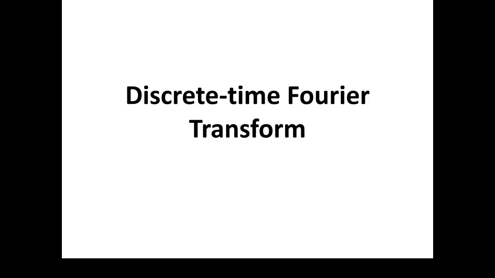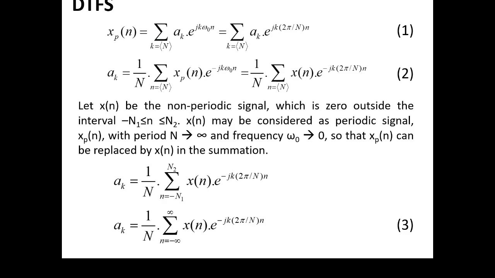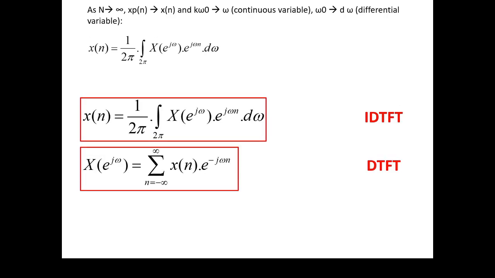Coming to the discrete time Fourier transform. Similar to going from the Fourier series to the Fourier transform in the continuous case, in going from the discrete time Fourier series to the discrete time Fourier transform the same hypothesis is applied: discrete time aperiodic signals have a time period which tends to infinity.